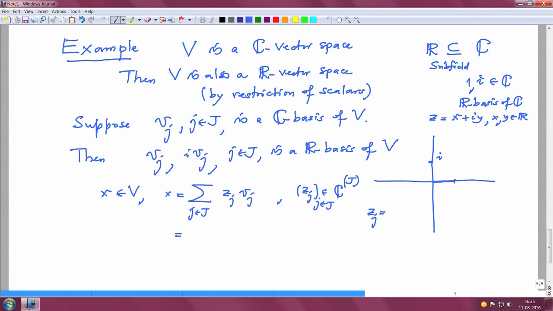So each z_j I can write as x_j plus i y_j, where x_j, y_j are real numbers. So just plug it in and separate it out. So you will get the sum over j in J of (x_j plus i y_j) v_j.